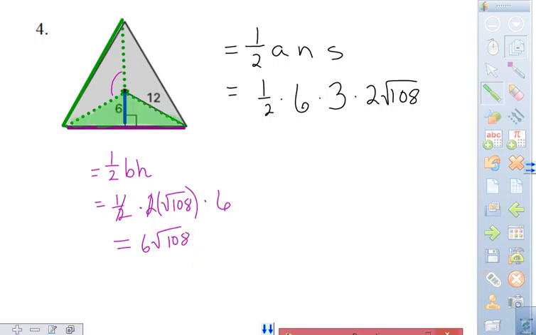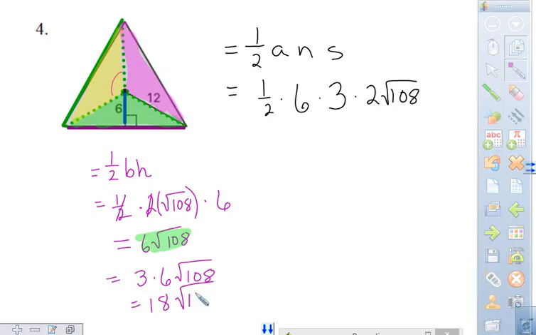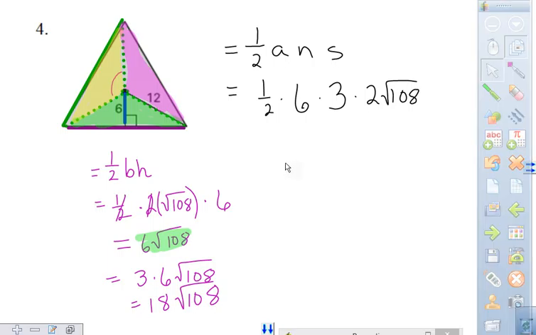So I just calculated the area of this green triangle. But I also have the yellow and the pink triangles to account for. So there's a total of 3 of those green triangles. So I have to multiply that by 3. And that's going to give me 18 roots of 108. And from the previous page, that's what we had gotten.